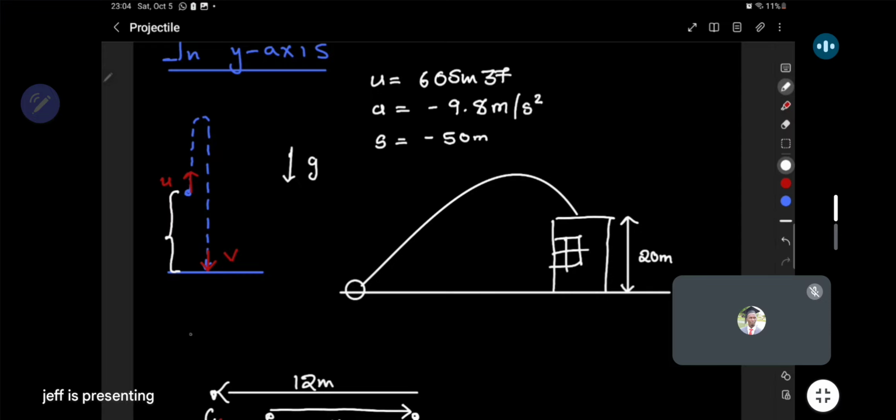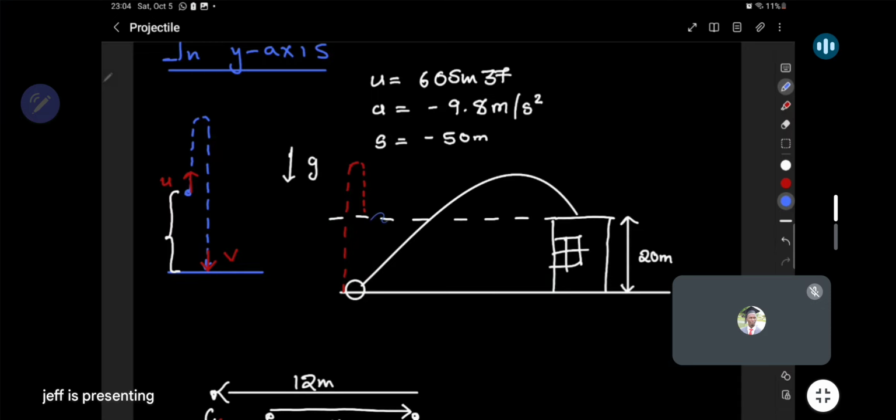What will be the displacement of the building here? Not the building. What will be the displacement of the projectile for it to land? It's going to be what?